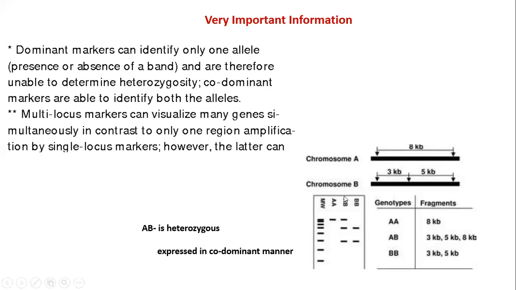Per se, in a homozygous situation, dominant, you get only one band for AA. And then BB is kind of co-dominant, it already has two sites. And then given a heterozygote here, AB, it's a co-dominant phenomenon. That's why you get one band from the A allele, two bands from the B allele, and you get three bands in the AB genotype. This is the situation of a co-dominant marker.